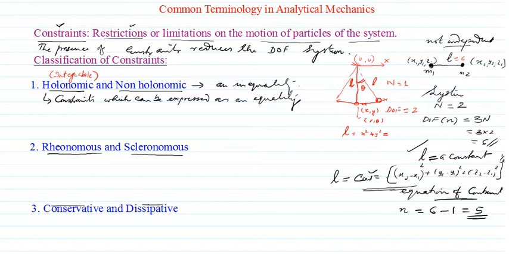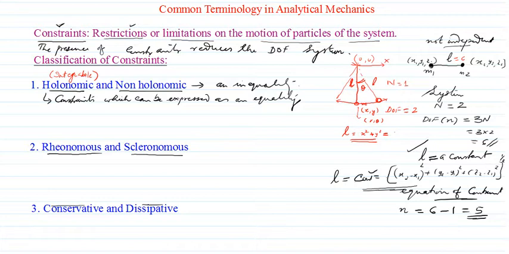This equation is once again representing a constraint which is expressed as an equation. We call this type of constraint, that the length of the string is fixed and constant, yet another example of holonomic constraints. So you need not take 2 degrees of freedom.